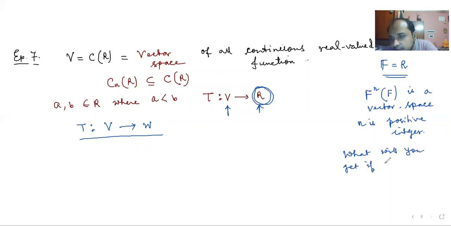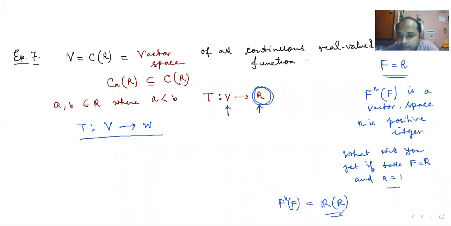If you take F equal to R and n equal to 1, then that becomes R over R. So that is also a vector space. The set of real numbers over the set of real numbers is also a vector space, because in the real number one-dimensional line we can define distance, and all things will be satisfied over here. Try to check these properties. So this is a special type of transformation where one is V and another is R.